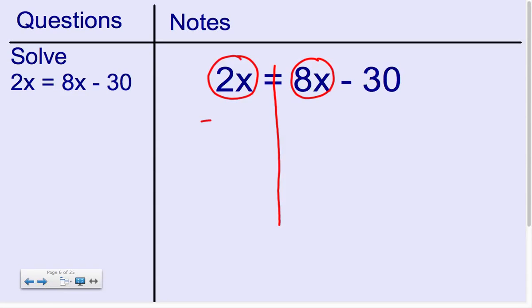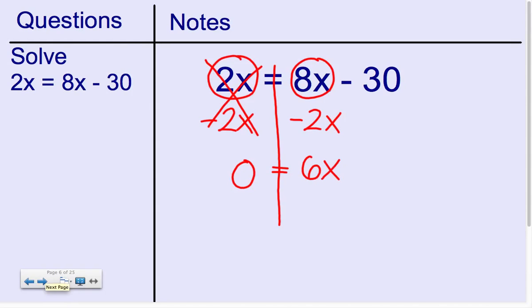I'm going to subtract the 2x from both sides. Now 2x minus 2x gives me 0, which is okay. We can have a 0 in our problem. 8x minus 2x is 6x minus 30. 6x is my couple, so I'm going to get rid of my third wheel first, so add 30, add 30.